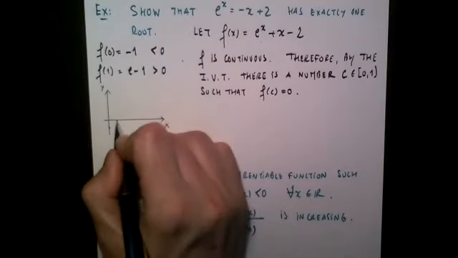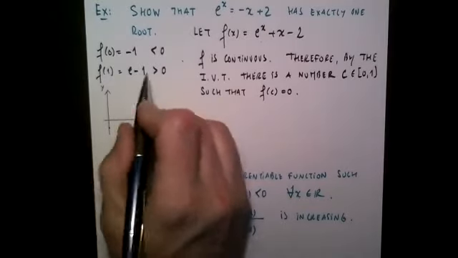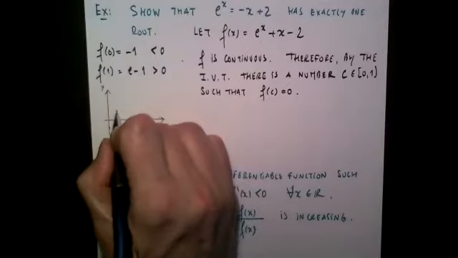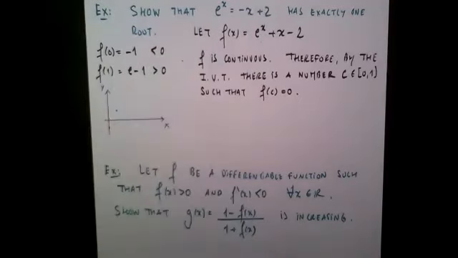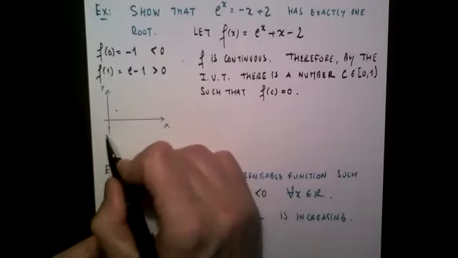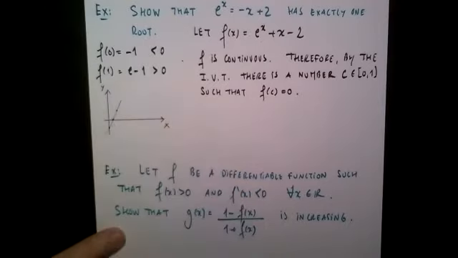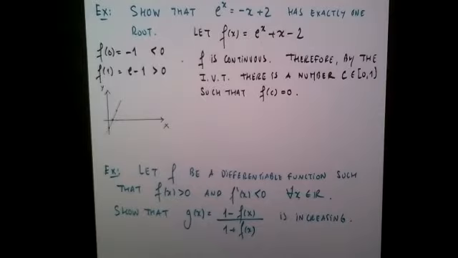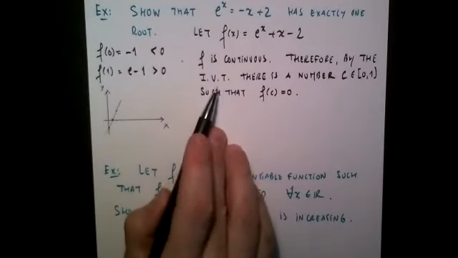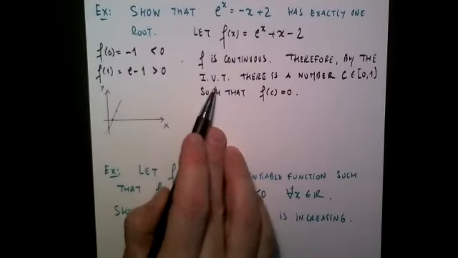And at 1, it's worth e minus 1. I don't know, 1 point something. Okay. And so definitely, since the function is continuous, we know that it will cross the x-axis at one point by the intermediate value theorem, which we explained already, and we did a few exercises on this.